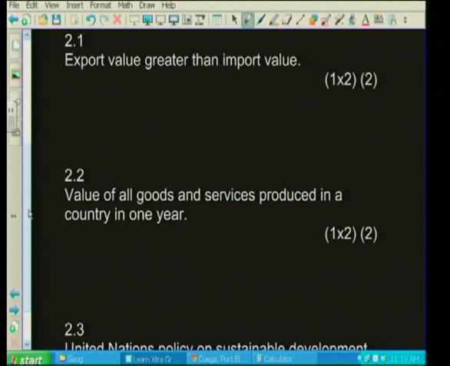All right, question 2.1, export value is greater than import value. What word or what term explains when our exports are higher or more than our imports? Right, or what is that concept that we're talking about?